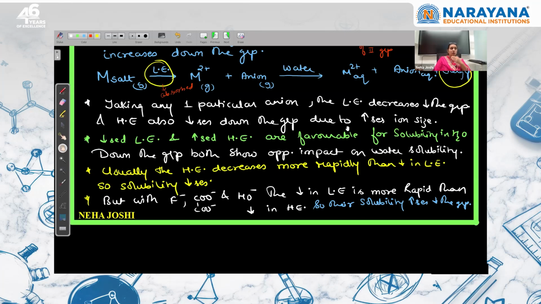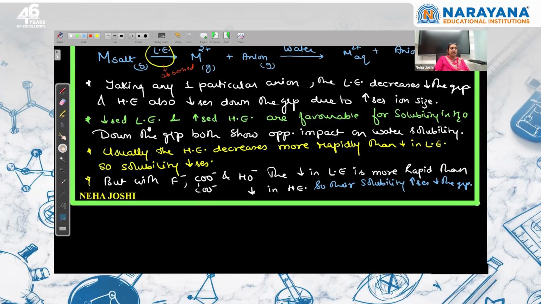But for solubility, we want lattice energy to decrease and hydration energy to increase. Decrease in lattice energy and increase in hydration energy are favorable for solubility. Down the group, both show opposite impact on water solubility, correct?